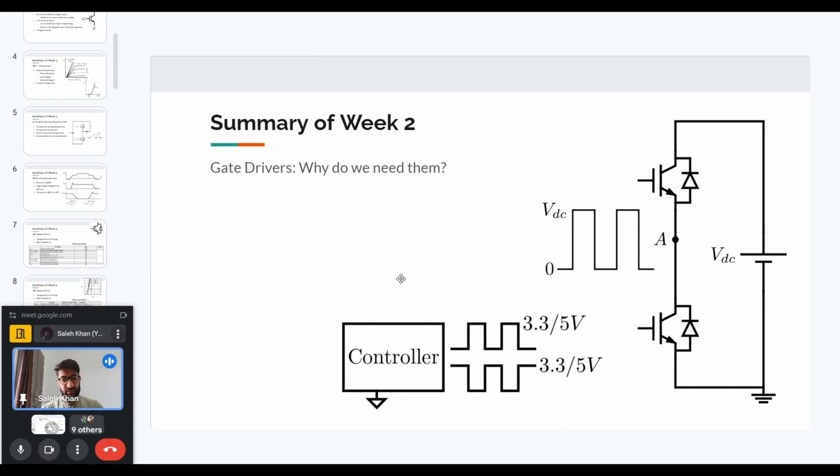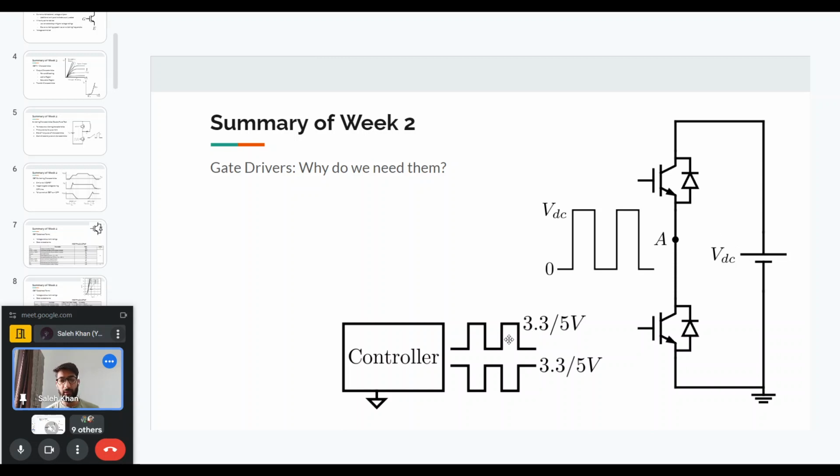So this is what we get from the controller. But now the question is, can we use these signals directly to turn on and turn off the switching devices, the MOSFETs and IGBTs? One thing you can directly understand is that obviously we cannot. A 3 volt or 5 volt signal will not be enough to turn on the device.